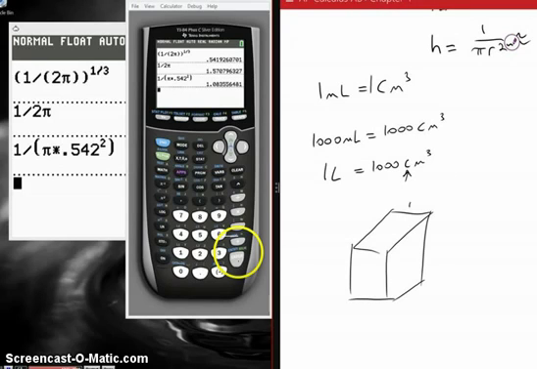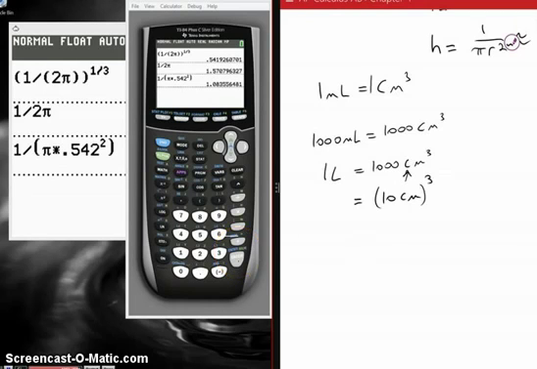So if I'm making a cubic unit box, then my unit's going to show up 3 times, right? So what is the cube root of 1,000? 10. So this is actually 10 centimeters cubed.